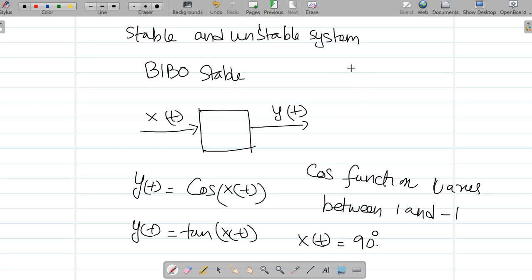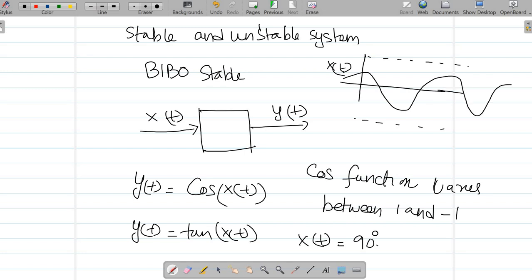To summarize, suppose I have x of t which has an upper bound and a lower bound. Suppose the signal varies only between these two values, and I give this as the input to the system, then the output also will have to be of a similar nature.